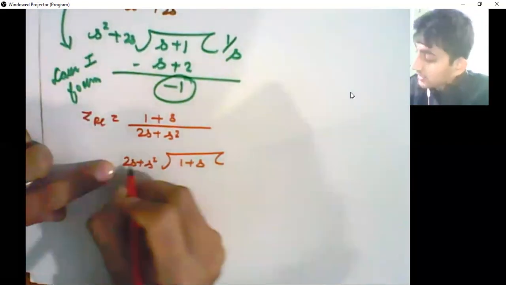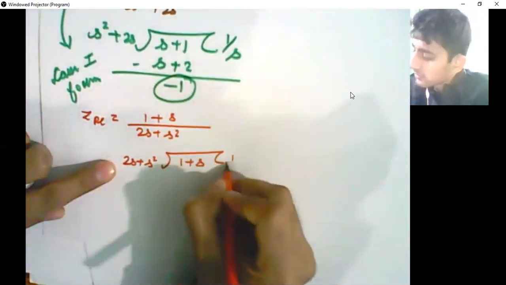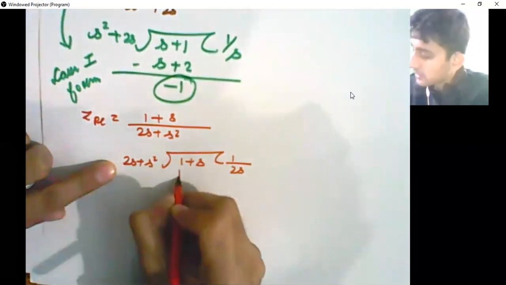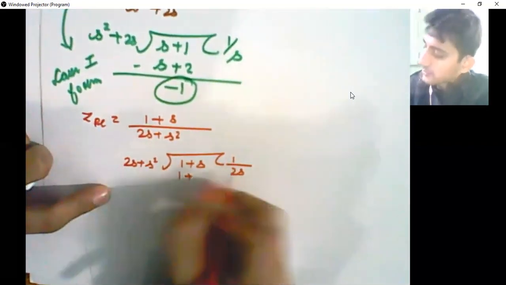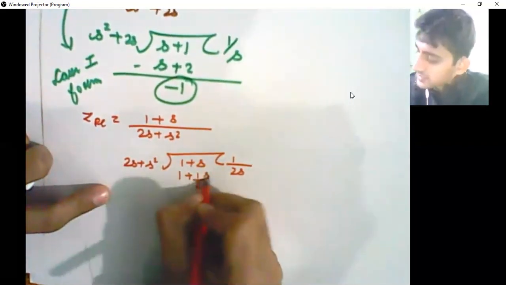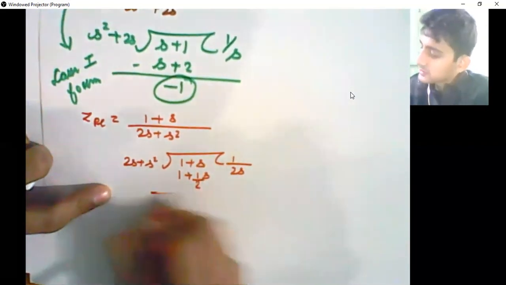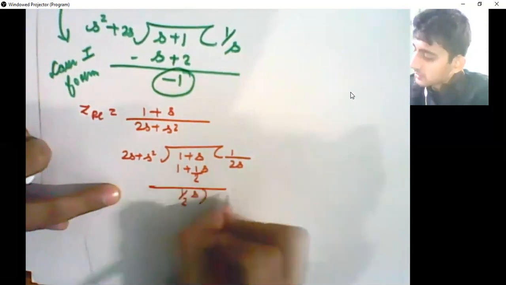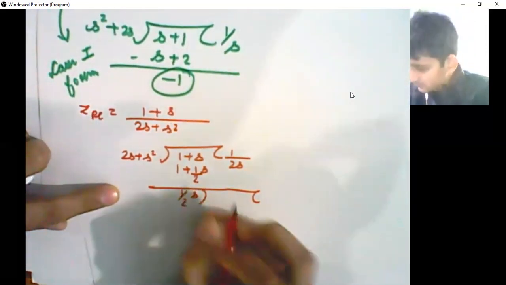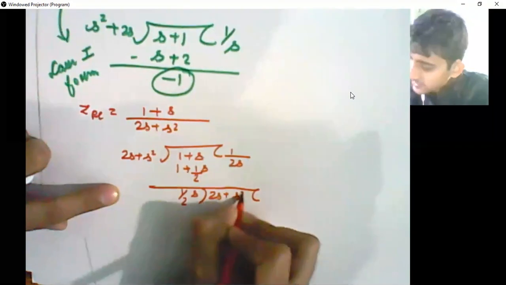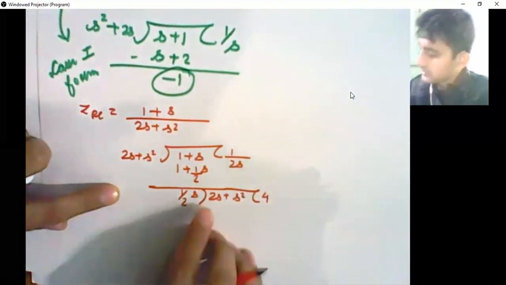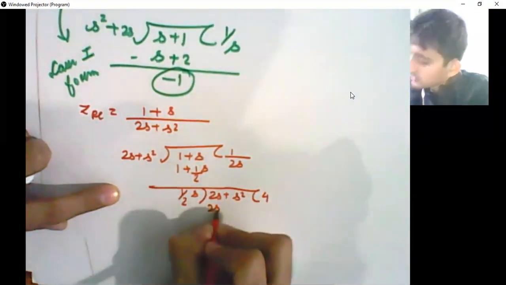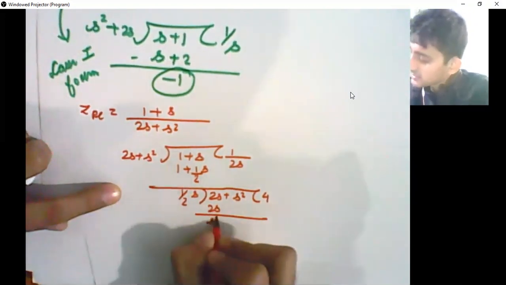तो ये हो जाएगा, ये 2S को अगर मुझे 1 बनाना है तो 1 upon 2S I will multiply it with 1 plus फिर 1 upon 2S मेरे पास बचेगा because I have multiplied with 2S. So ये cancel हो जाएगा. I'll be left with again 1 upon 2S. Now this is 2S plus S square. So if I multiply it with 4, you see that it will become 2S. And I have nothing else. So it is just S square.